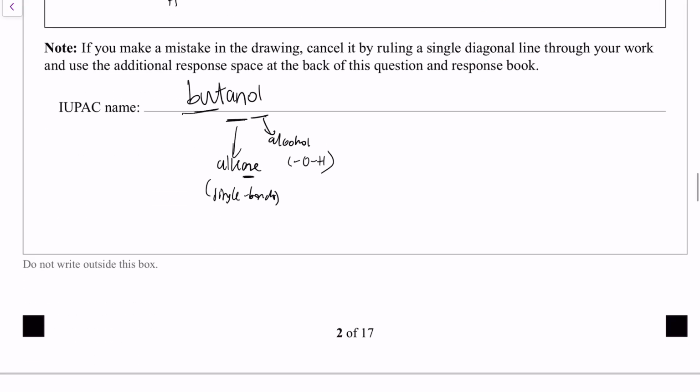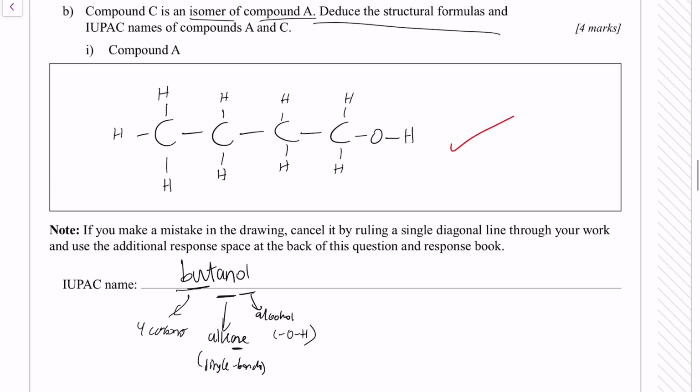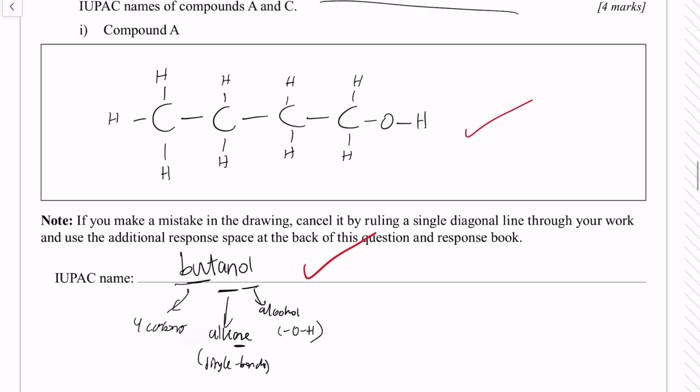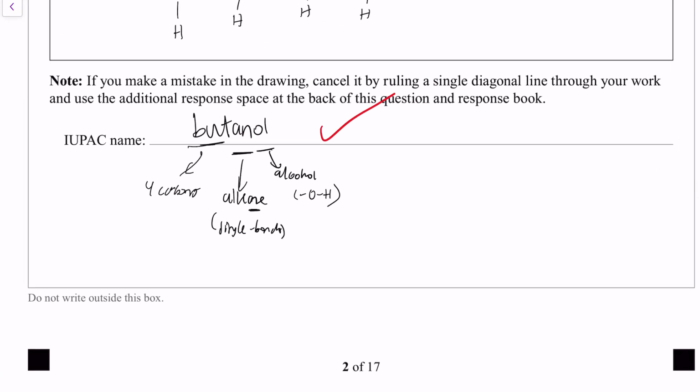And but means 4 carbons, okay? So the message there is to really revise your nomenclature and your naming systems for IUPAC. And breaking it up into those different parts of the word really helps as well.